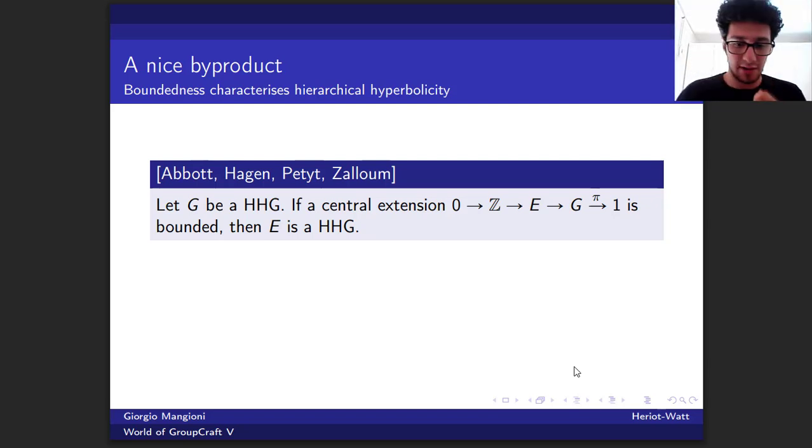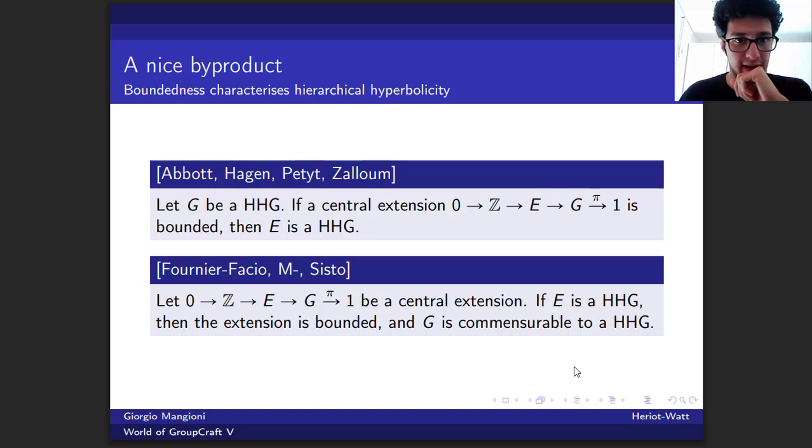So putting our result and their result together, what we get is that if you have a central extension and you start with the middle group, which is hierarchically hyperbolic, then the extension itself is bounded and G is commensurable to an HHG. So there is this almost rough equivalence between the extension being bounded and the middle group being hierarchically hyperbolic, almost.